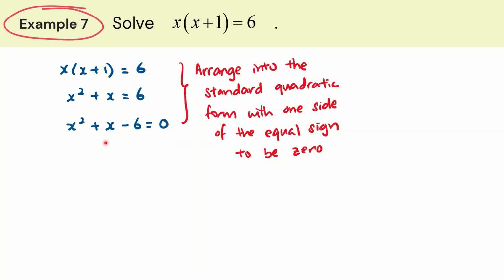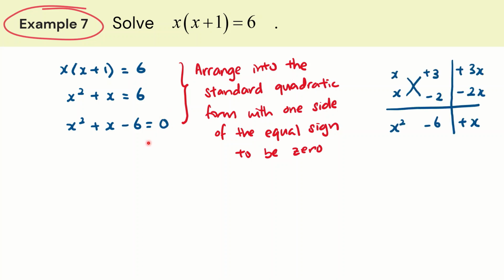Now that we have it expressed this way, and very importantly with one side being equal to 0, I can proceed to do my factorization, which I will speed up over here, hence writing it here already for my cross method. That allows me to get the factorized form of x plus 3 times x minus 2 equals to 0.